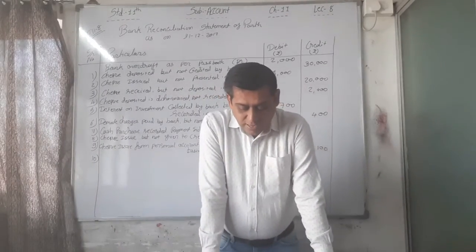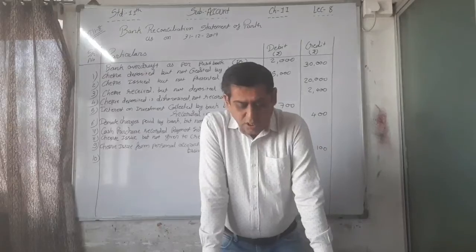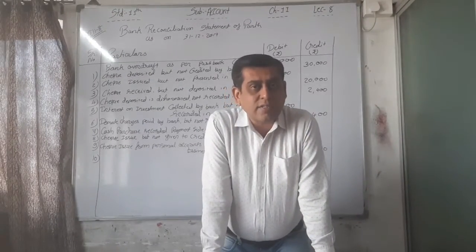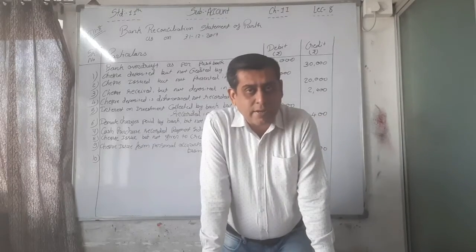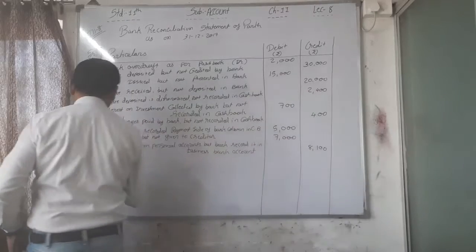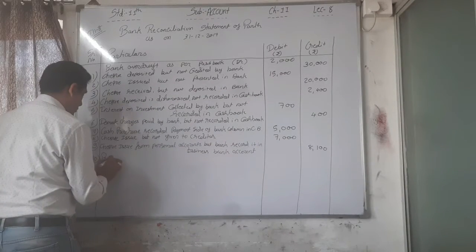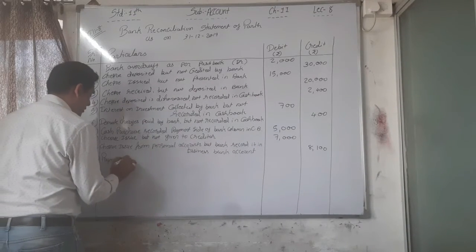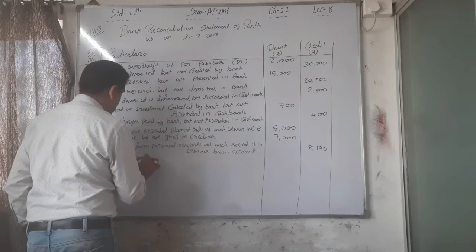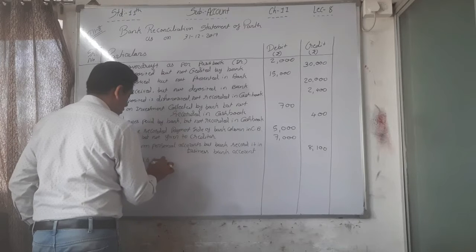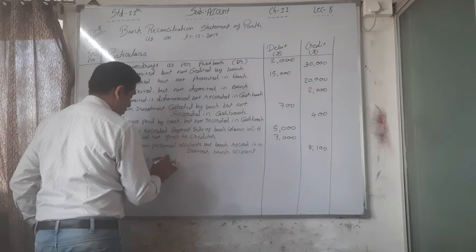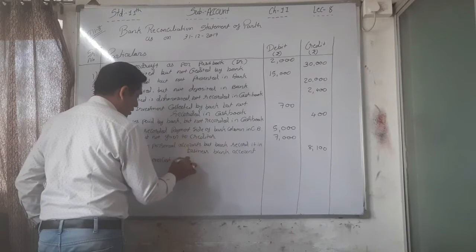Payment side of the bank column in the cash book is overcast. Again, overcast, opposite side. Payment side, that is credit side, opposite side, that is debit. So here debit side, rupees 900. Payment side, that is credit side, is overcast in the cash book.